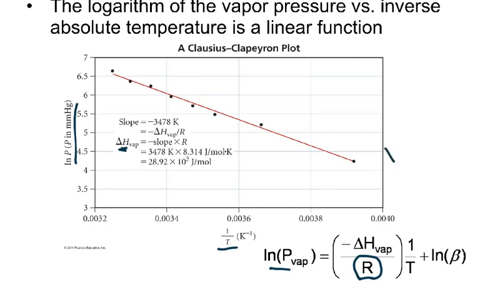So R in this case is equal to 8.314 joules per mole times Kelvin. So that times 1 over T plus the natural log of beta, and beta is specific to the liquid that you're looking at. So if you have a series of points, you can graph them and get a straight line.